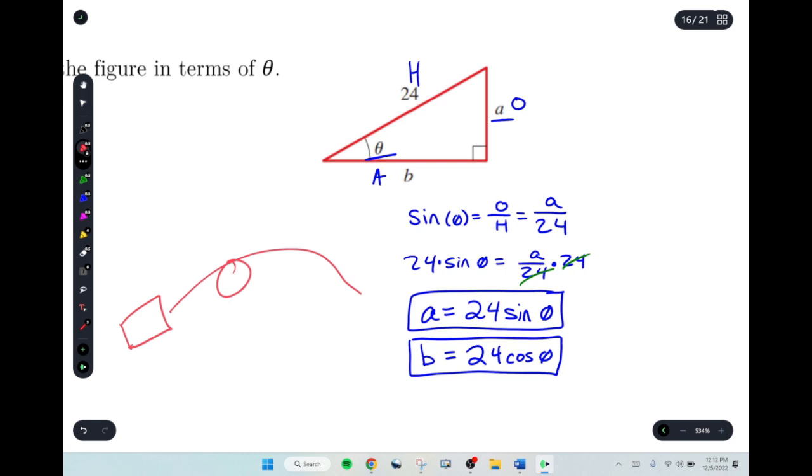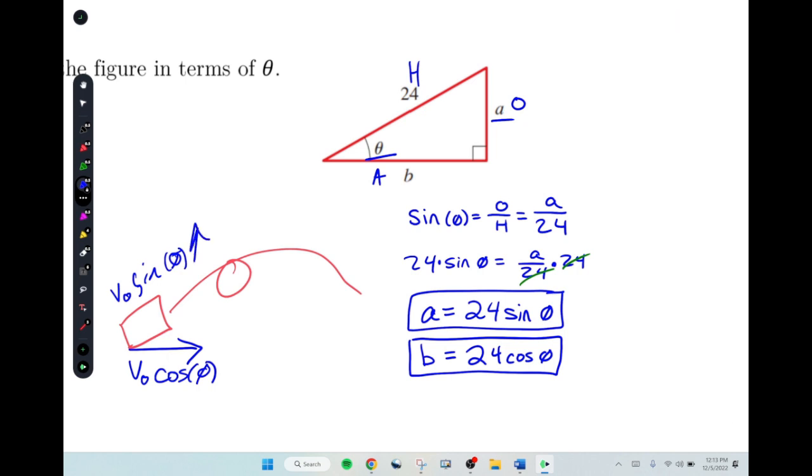You can say the initial velocity times the cosine of theta is how fast it's moving to the left, and the initial velocity times sine theta is how much it's going up. We do that all the time. Break a vector into components. Pretty darn common, actually.